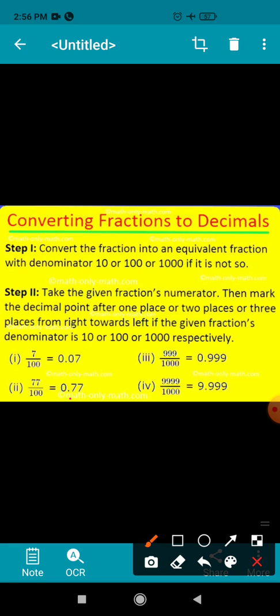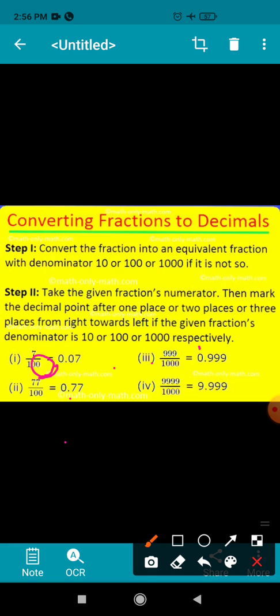if the denominator is 10, 100 or 1000, you simply put point towards the left side according to the zeros present in denominator. For example, here you can see 7 by 100. 100 is a denominator. It has 2 zeros.